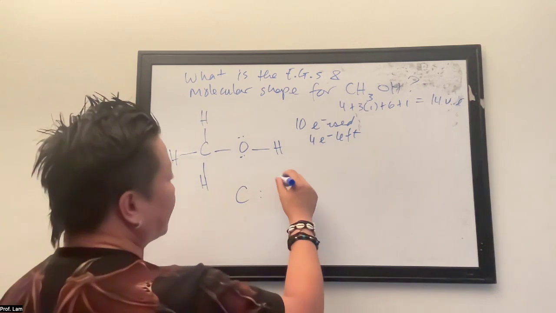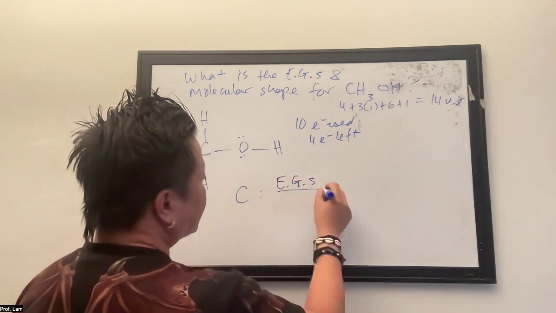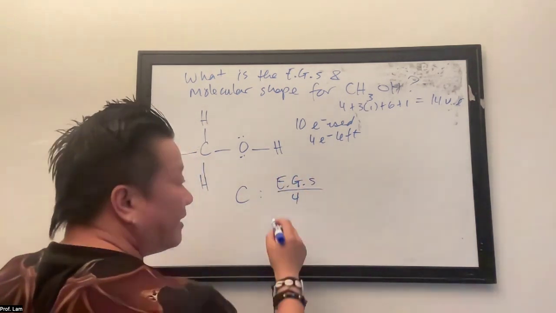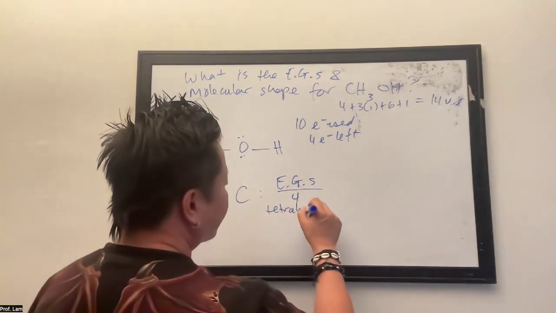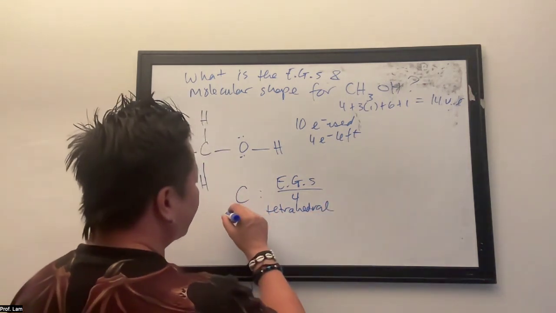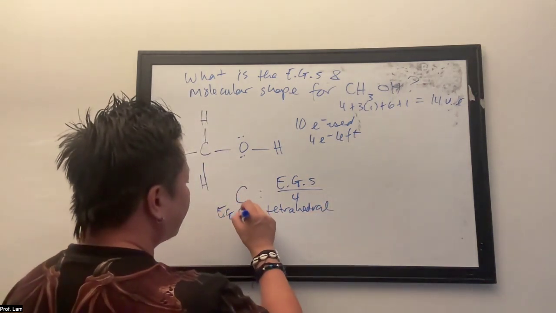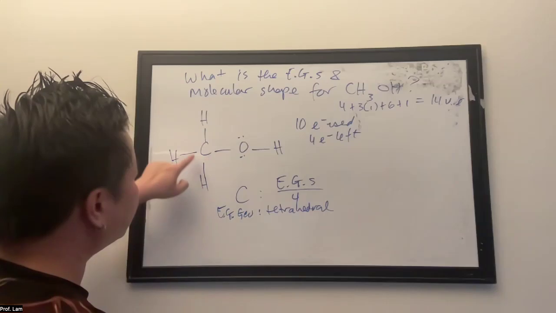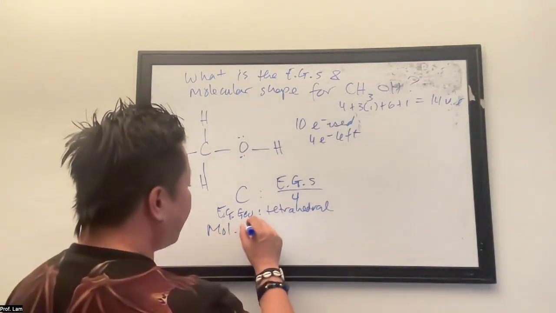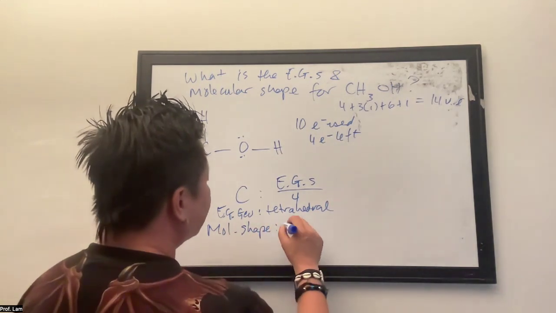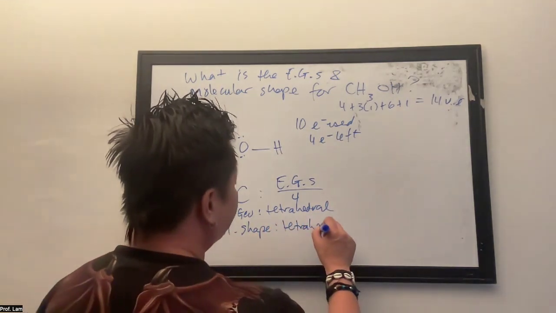So for the carbon, the electron groups is 4, right? So that's going to be tetrahedral for the electron group geometry. Okay, right? 1, 2, 3, 4. And it has no lone pair. So the molecular shape is also tetrahedral.